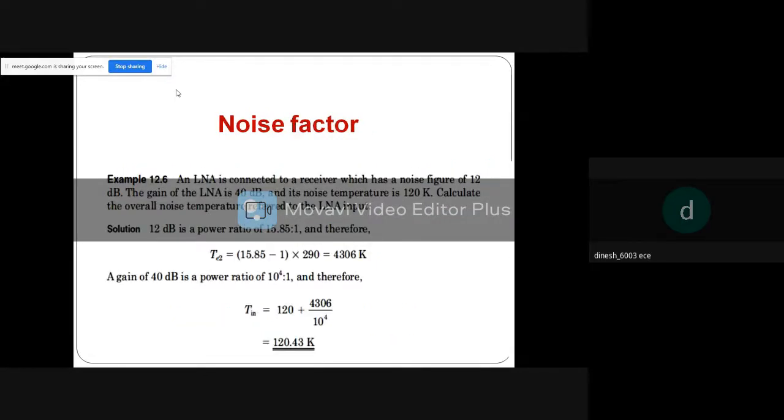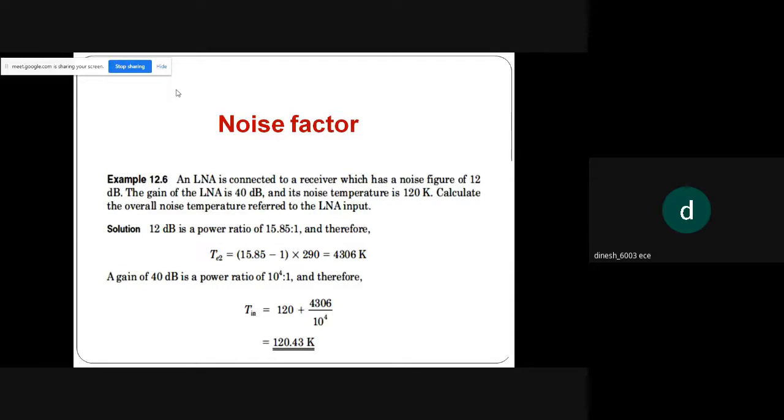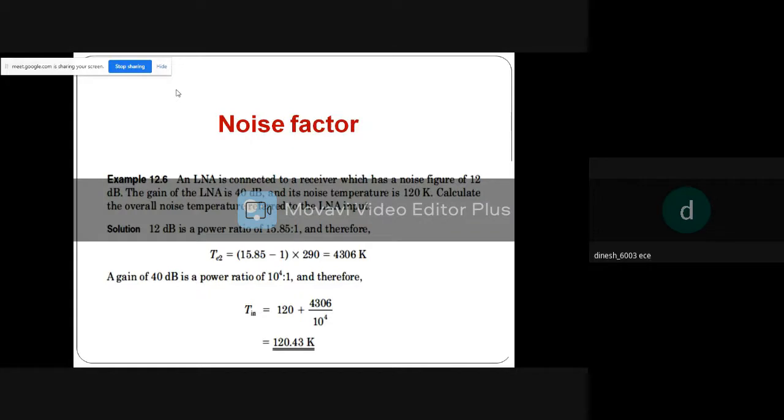So we have a problem based on that. A low noise amplifier, which is an LNA, is connected to a receiver having a noise figure of 12 decibel, gain of 40 decibel, and noise temperature of 120 Kelvin. Calculate the overall noise temperature referred to the low noise amplifier input.